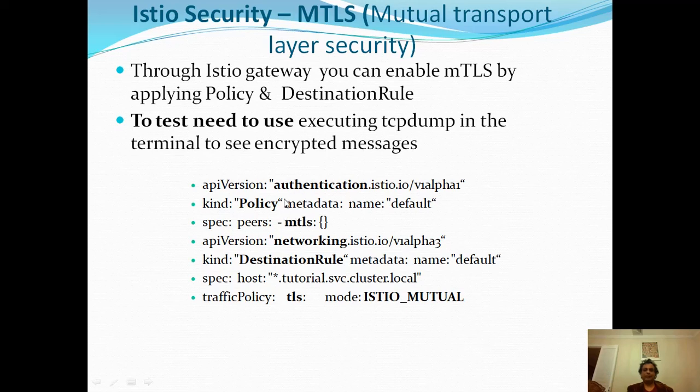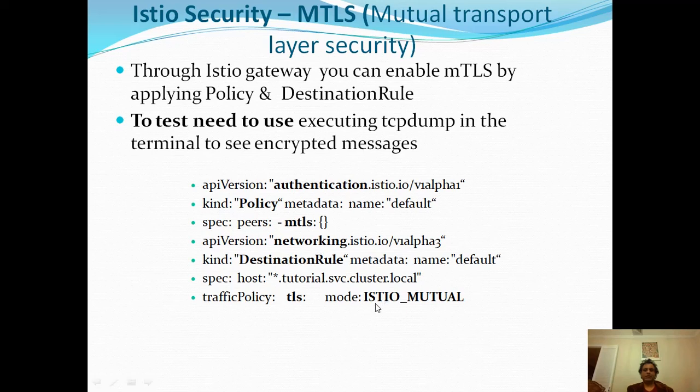So how do you do the policy? It's basically authentication. So there is authentication.istio.io. Using that, you specify policy and the spec is MTLS. Okay. The next one is applying the destination rule.